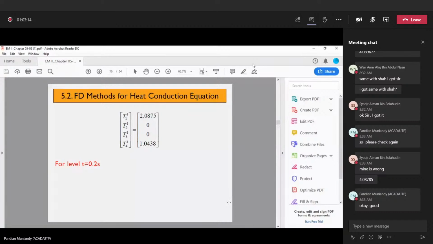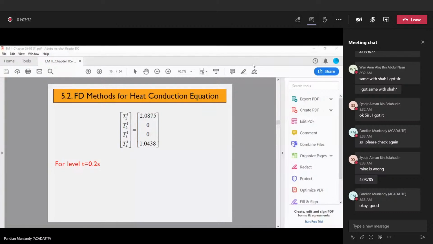T superscript 2, subscript 2, the temperature at I is 2. Please give me the value. Yes, you can write down the value.